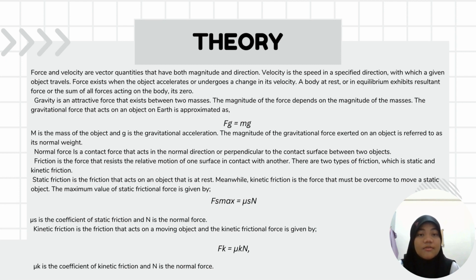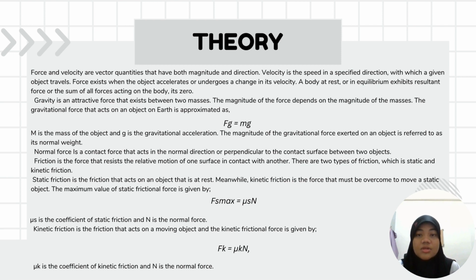The magnitude of the gravitational force exerted on an object is referred to as its weight. Normal force is a contact force that acts in the normal direction, or perpendicular to the contact surface between two objects.